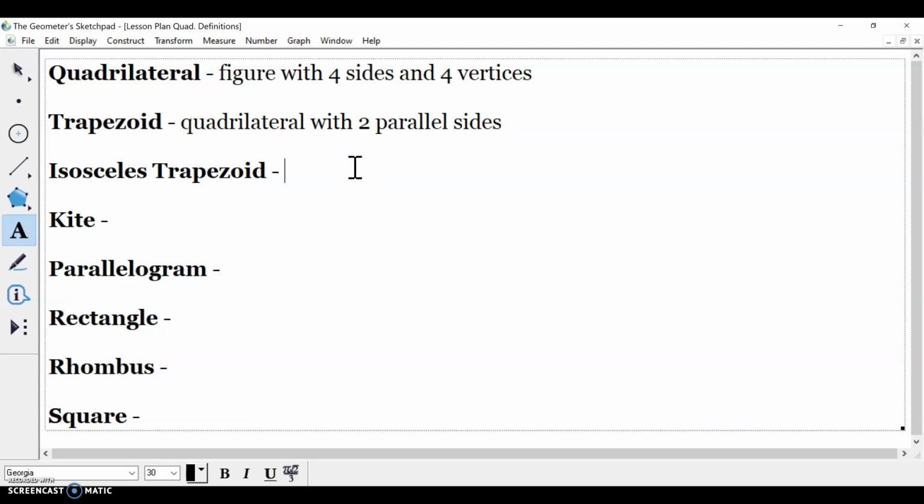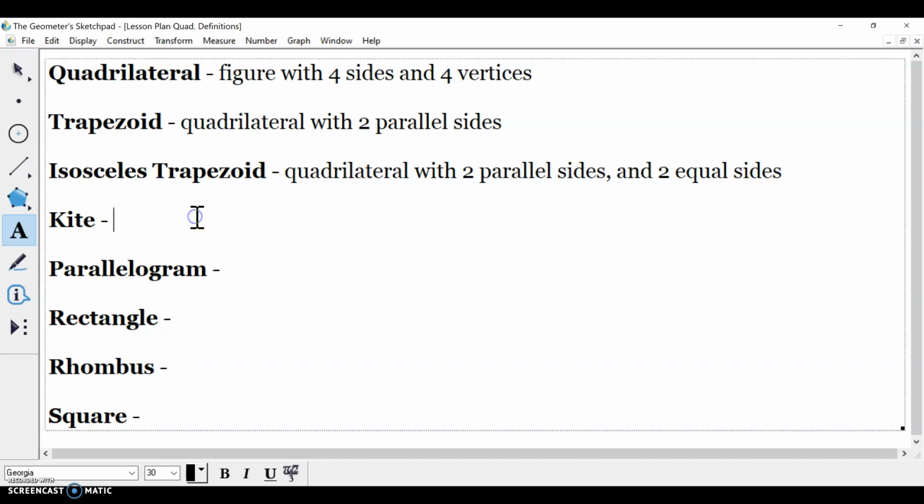An isosceles trapezoid we found is a quadrilateral with 2 parallel sides and 2 equal sides as well. A kite, we can say, is a quadrilateral with 2 sets of adjacent equal sides.